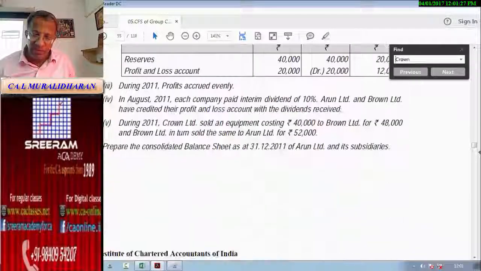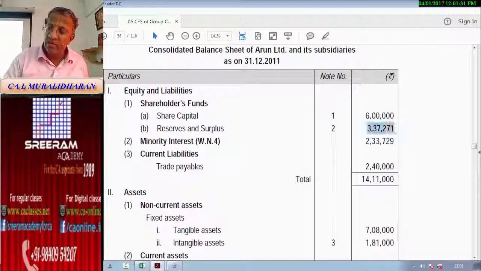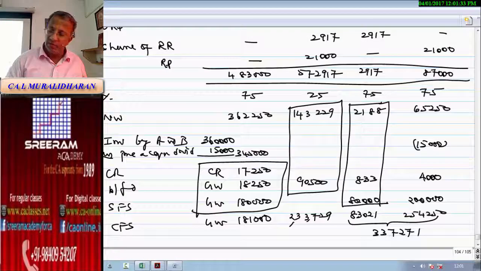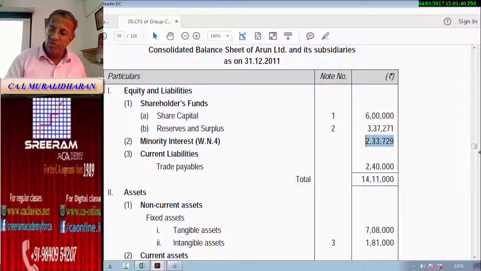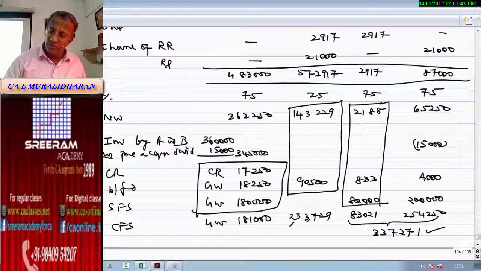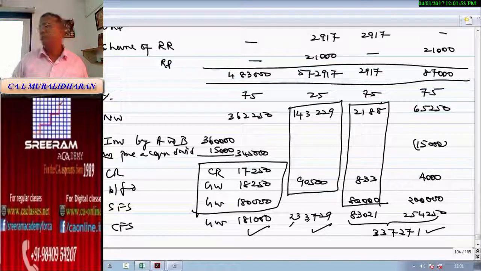What is the answer that they provide? So just check: 3,37,271, right? Then minority interest 2,33,729. Then 1,81,000 goodwill. That's it.